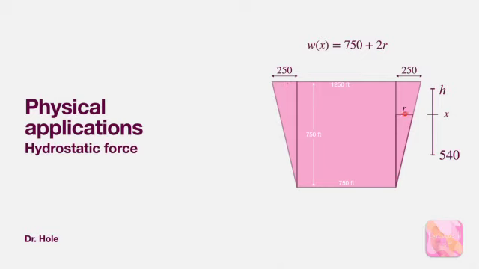We're interested in the measurement r, but r is the base of a similar right triangle. The height of the similar right triangle with base r is 750, the total measurement of the square, minus x, the depth that we drop down into the dam.